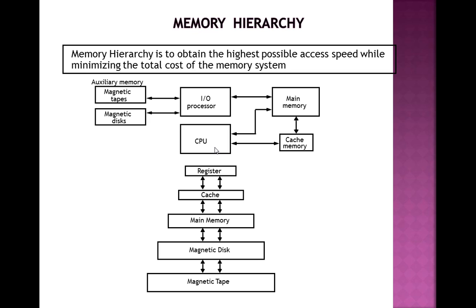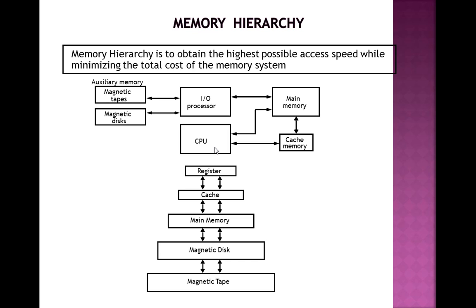Now let's see. First of all, if the CPU fetches the instructions and finds the data that it needs for execution in the cache memory itself, then the CPU simply fetches the data, does the processing, and displays the output. But if the cache memory does not contain the data required by the CPU, then the CPU approaches the main memory.